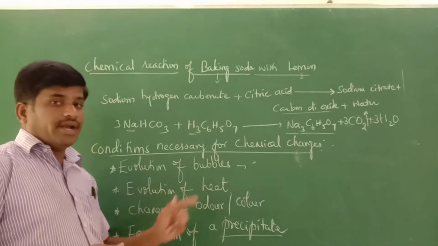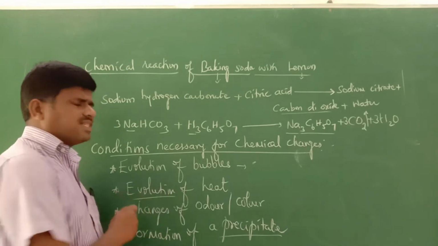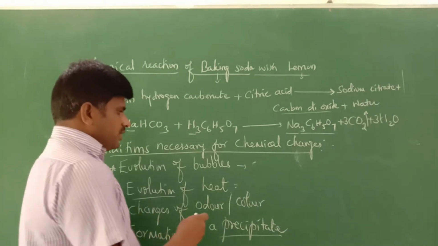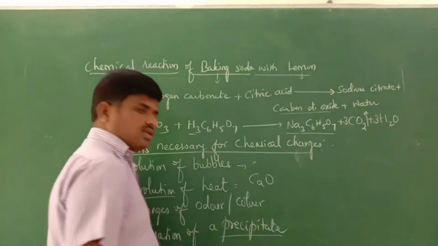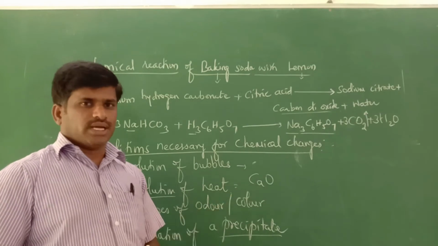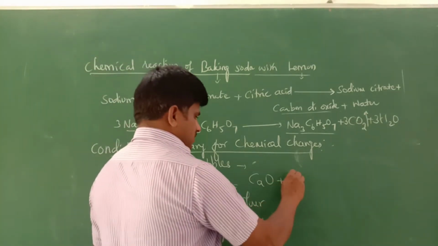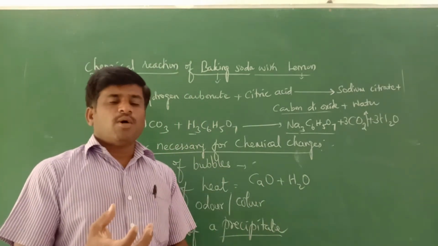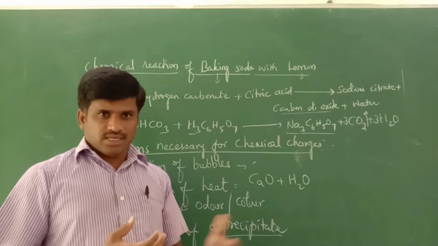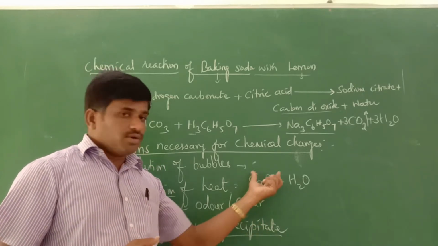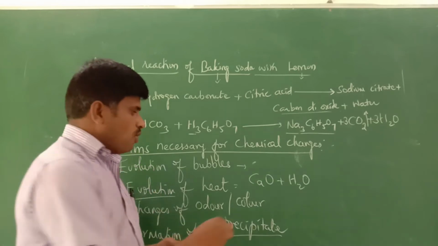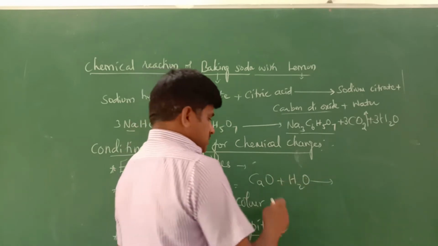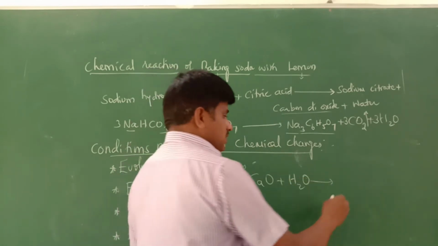Second one, evolution of heat. Evolution is nothing but release of heat energy. For example, the formula of quicklime is calcium oxide. When quicklime is mixed with simple water, this is a very simple reaction. Quicklime powder, when mixed with water, calcium oxide completely dissolves in water.